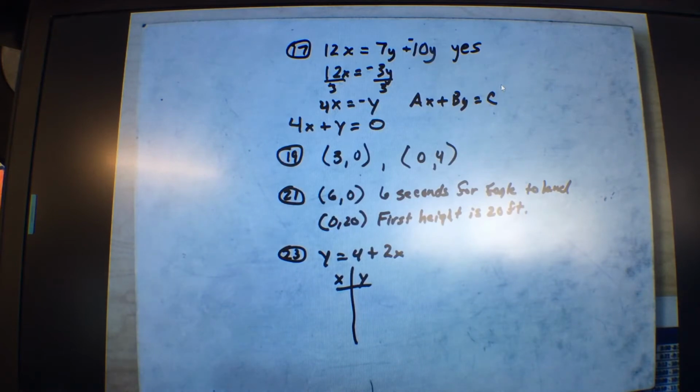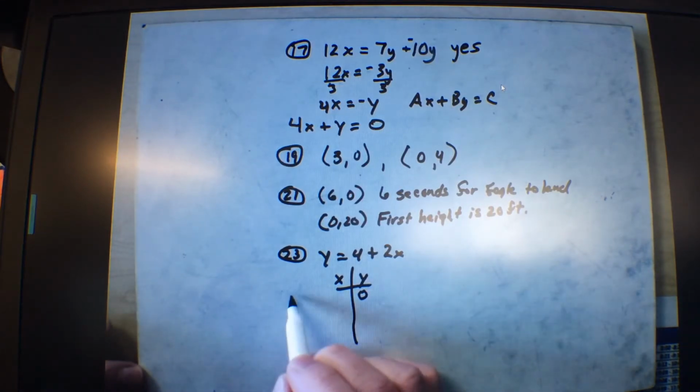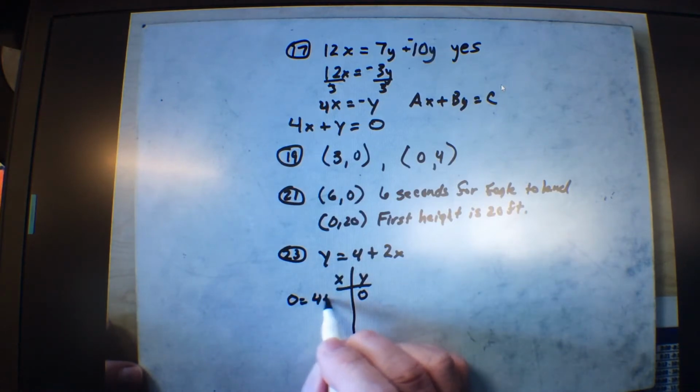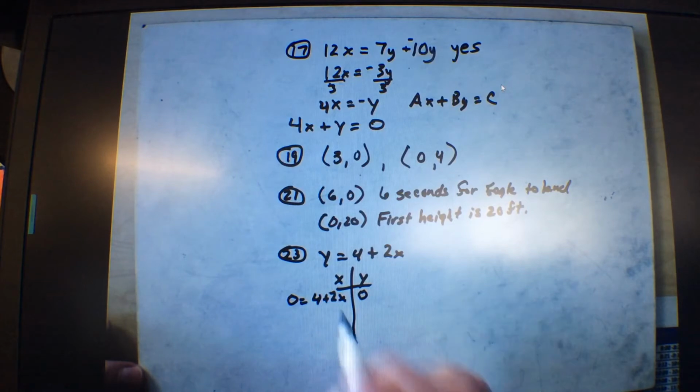All right. So if I want to find the x-intercept, what's the value of y, Allie? 0. So I put 0 in for y, and I want to solve 0 equals 4 plus 2x. Remember doing this yesterday?